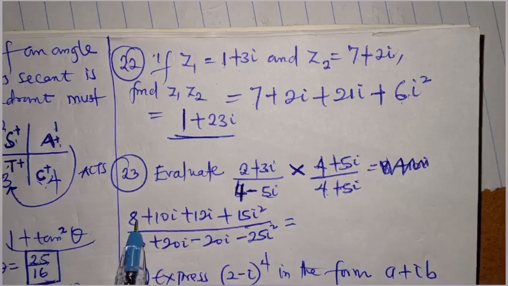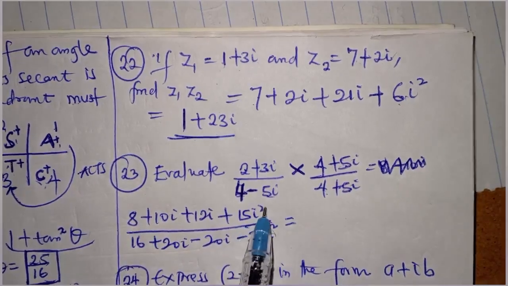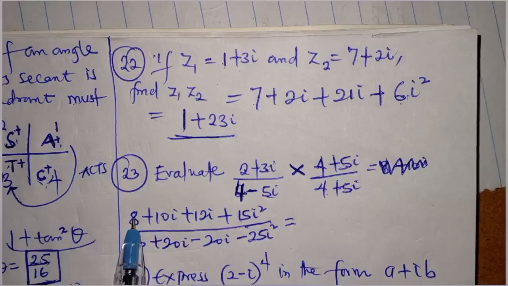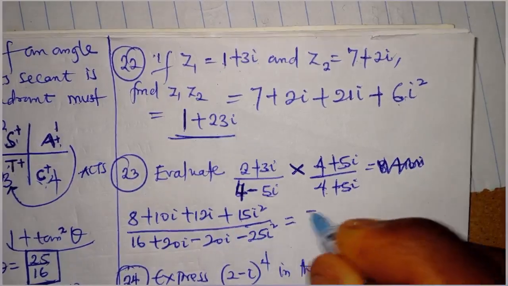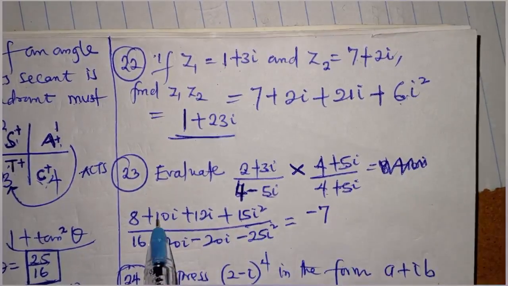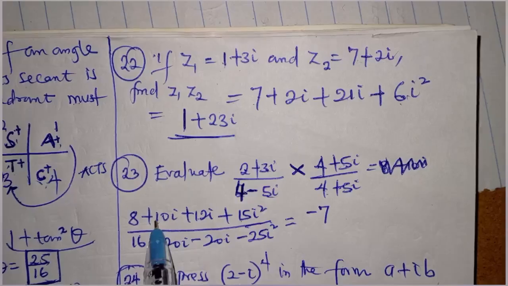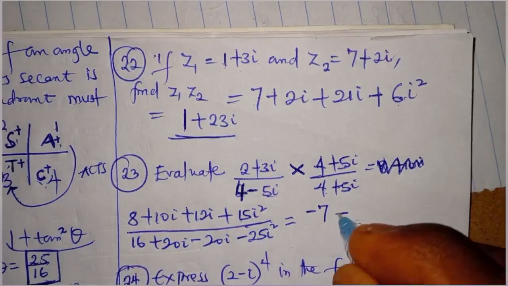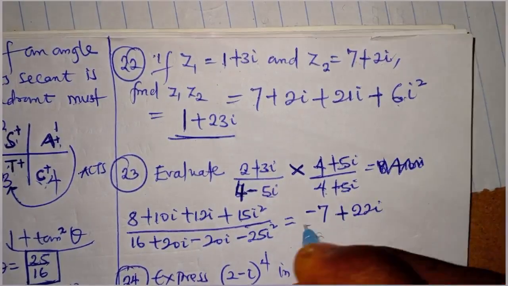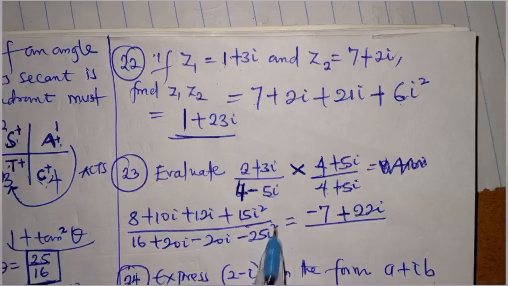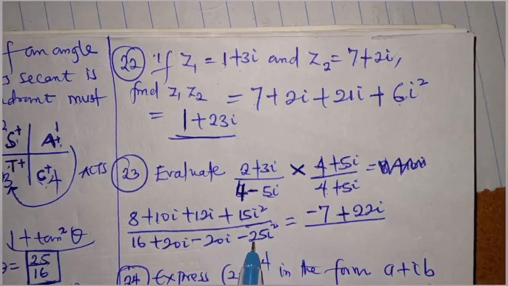Let's go. i squared is minus 1. So this becomes minus 15. 8 minus 15 is minus 7. 10i plus 12i is 22i. Divided by 16. i squared is minus 1, times minus 25, that becomes plus 25.